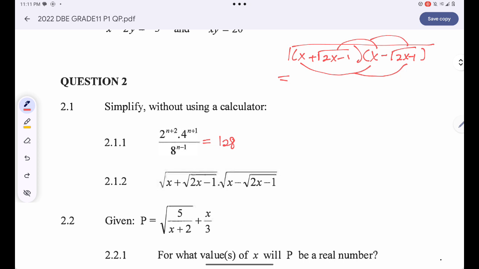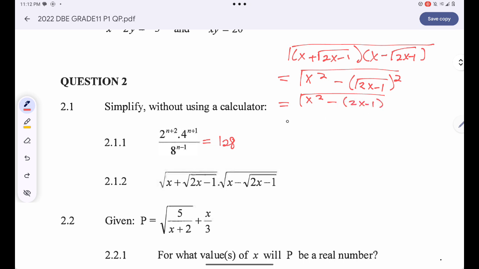You can just do the FOIL method, and you will end up having x squared minus the square root of 2x minus 1, all squared. Together, this will obviously give you x squared minus 2x minus 1, and you'll have x squared minus 2x plus 1. This thing is factorizable. It's x minus 1 and x minus 1, right? Which can be written as x minus 1 all squared, and this is equal to just x minus 1.